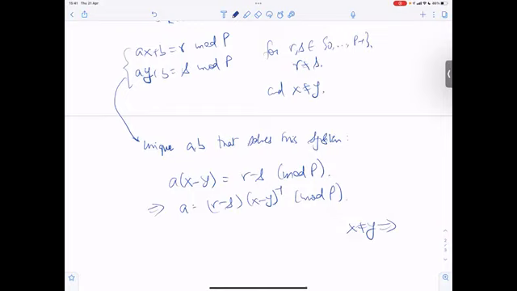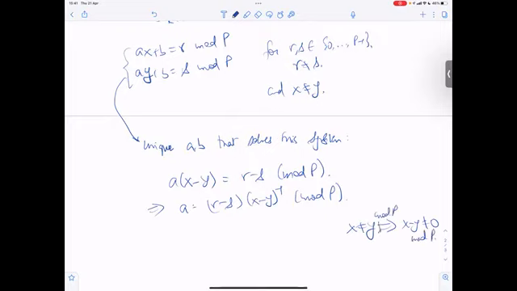So for any Z not equal to 0 mod P, there is a Z inverse such that Z times Z inverse is 1. Why does this exist?